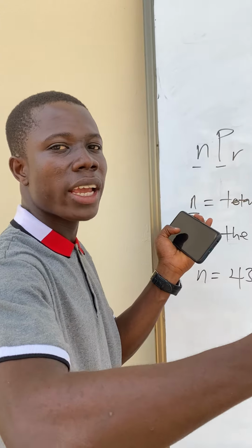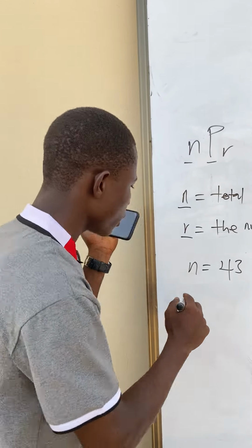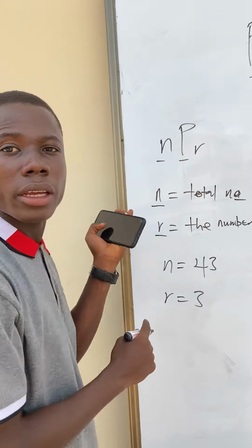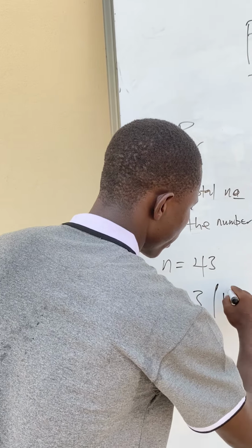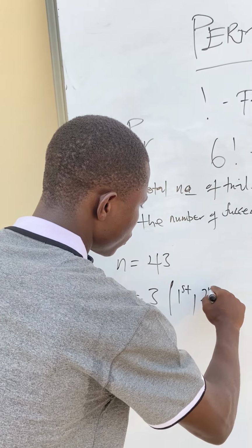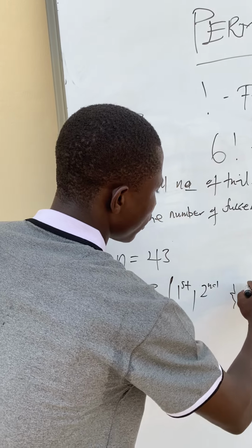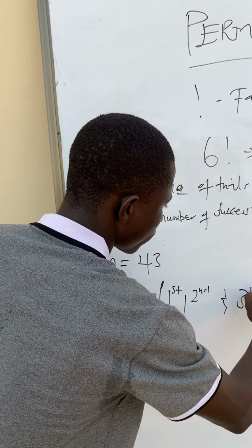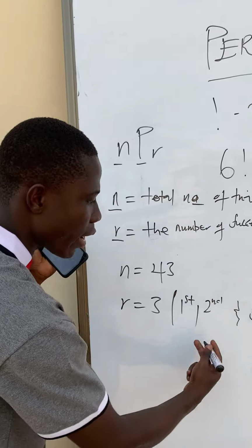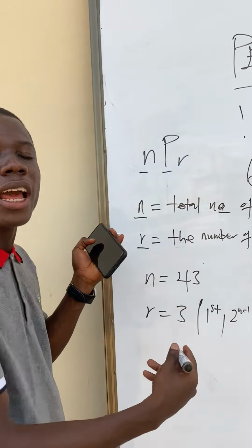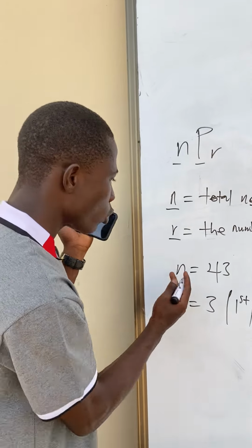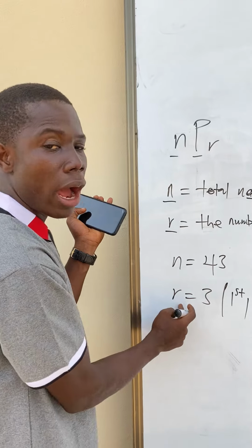So the first, second, and third means there's an order. Our r becomes 3. That is first, second, and third. You see, first, second, and third means there's an orderly arrangement of objects. So our n is 43 and our r is 3.